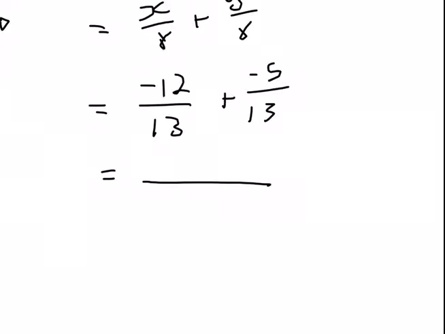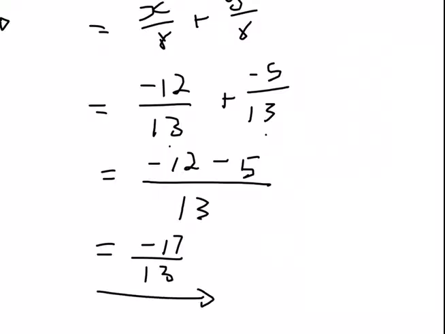You have two fractions with the same denominator, so you can write it over 13, and when you cross multiply the 13 just cancels, and you end up with negative 12 minus 5, which gives negative 17 over 13.